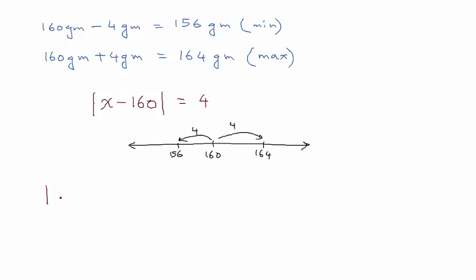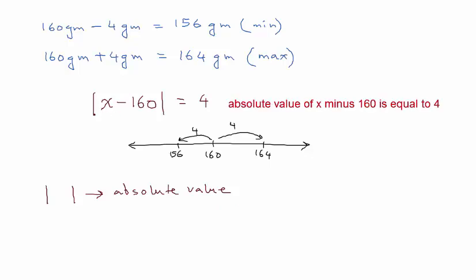The 2 bars that you see together are called the absolute value symbol. I'll explain that, don't worry. And you read this as absolute value of x minus 160 is equal to 4.